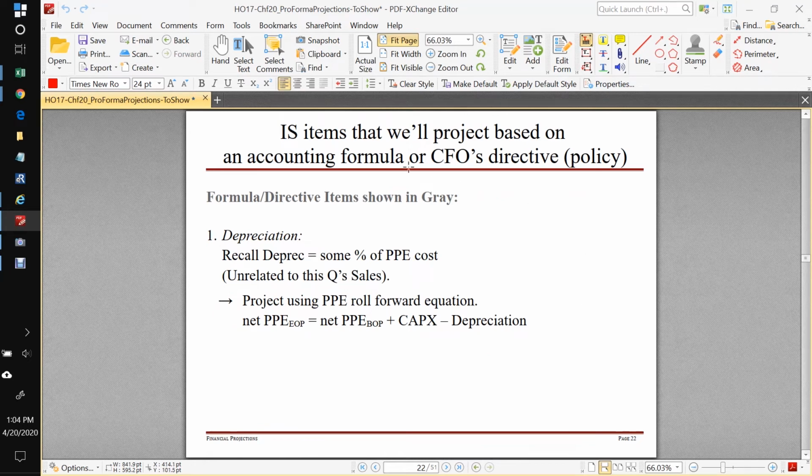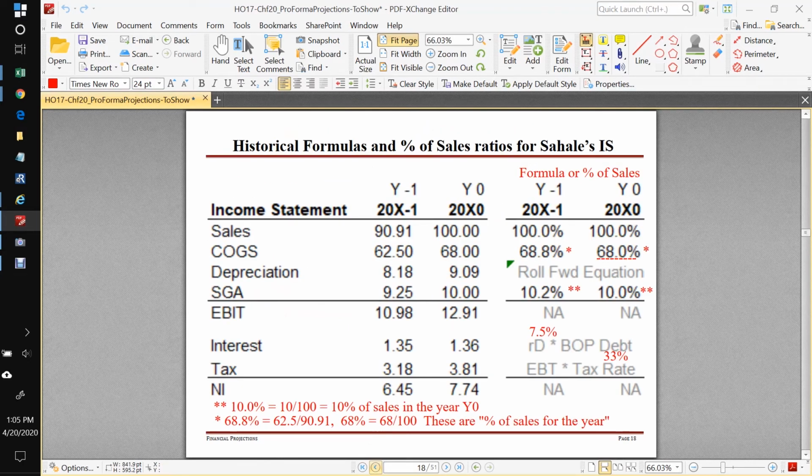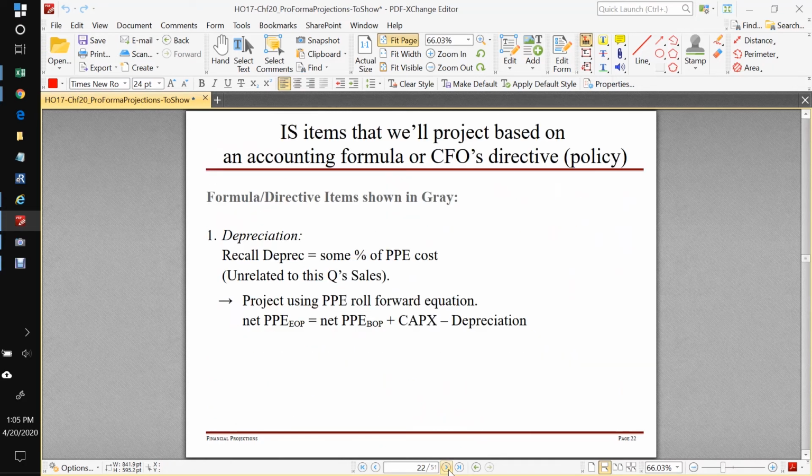Now let's go back and review some of the income statement items that we are going to project based on an accounting formula or a CFO's directive. Those were the things shown in gray back here. Let's just go through them and make sure we understand them all. Depreciation really has nothing to do with sales.